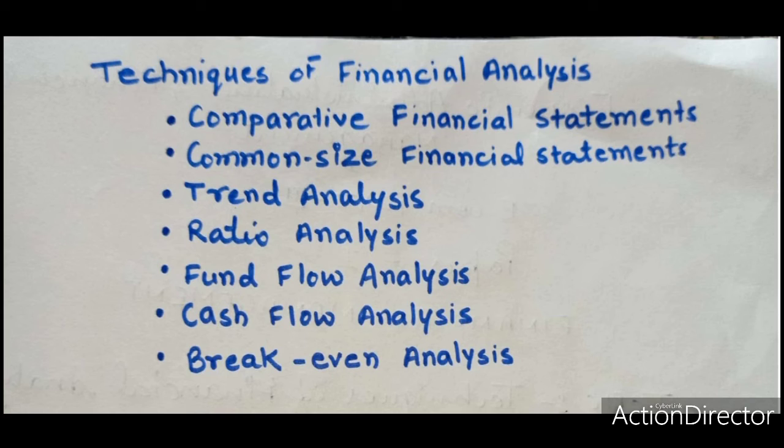With the help of these ratios, the liquidity position, long-term solvency, operating efficiency or profitability and efficiency of a concern can be evaluated. This method of ratio analysis is discussed in detail in the next chapters, so we'll understand it in that chapter. Now, the fifth technique of financial analysis is funds flow analysis.